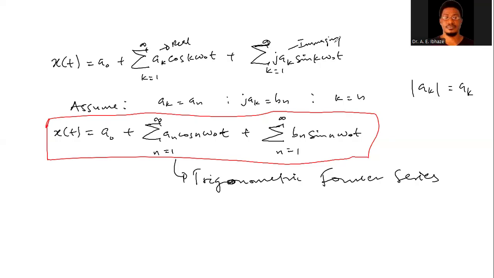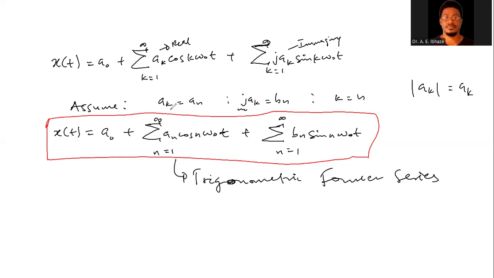Exactly. It's like you didn't get me. Now this is what I'm trying to say. The fact that there is a j does not change the magnitude of a sub k. So can you get b sub n after getting the value of a sub k? j a sub k is the same as b sub n.